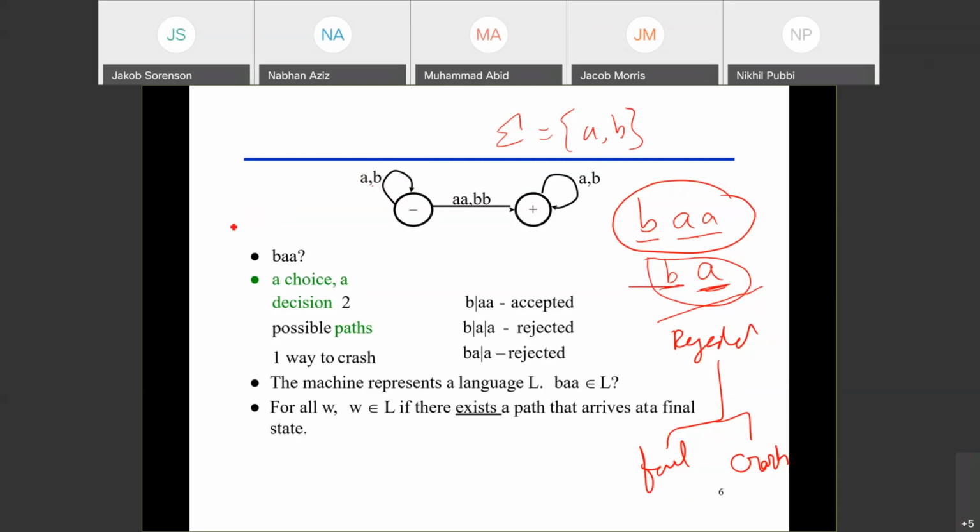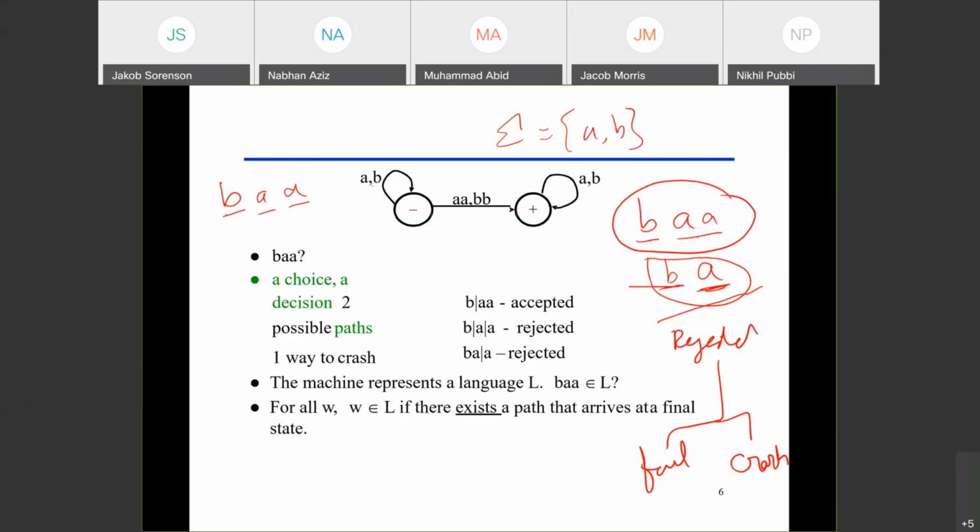Let's say I give you another word, BAA, and I pass B as a separate input, A as a separate input, and A as a separate input.